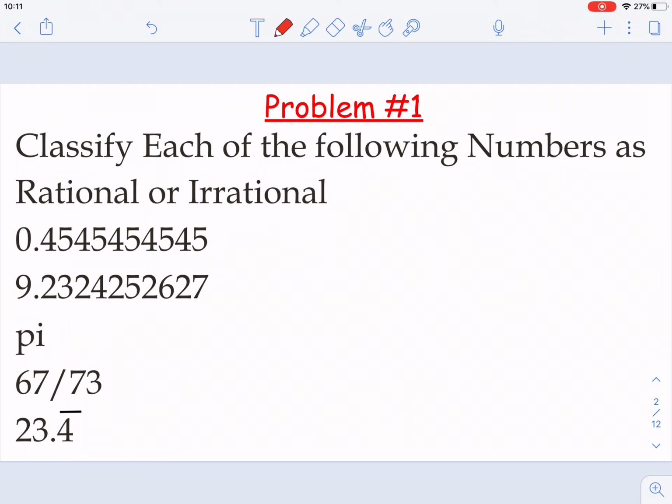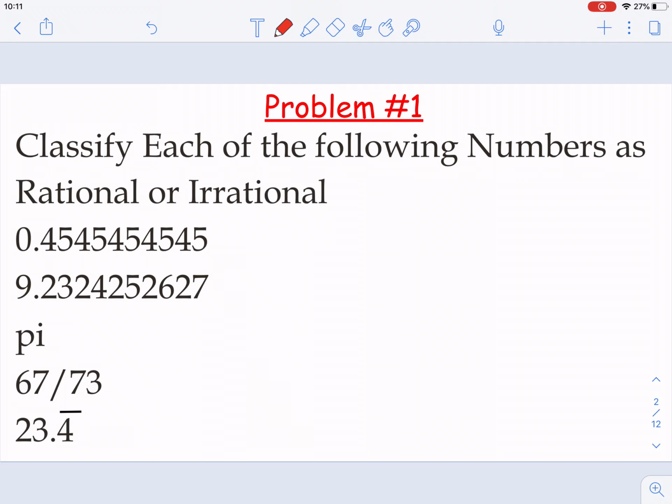Problem 1. Classify each of the following numbers as rational or irrational. We have 5 options, so take a second to copy down the questions and the 5 possible answers. The first number we're going to look at is 0.45454545.